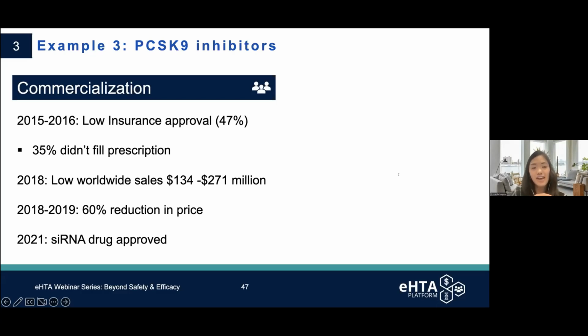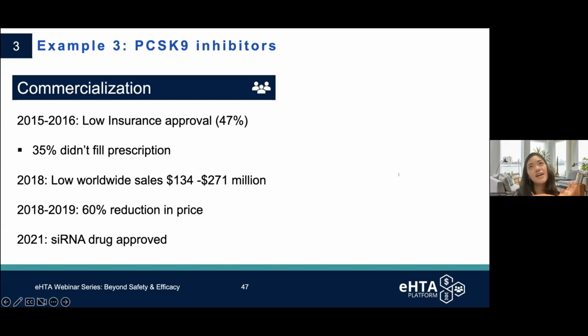It's hard to say whether access to both drugs will improve at this point, because once you fail to meet expectations in the first year, it's hard to recover in the following years, especially now considering that just last year, Novartis got their own PCSK9 inhibitor approved. And this one uses a different technology.